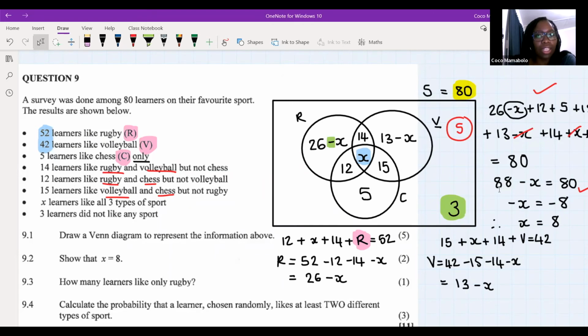They will most likely ask you something about the number of rugby only, and then you will have to solve for x anyway. Or they will ask you for the number of kids who like all 3, that will force you to solve for it anyway. So read through the questions. If they don't ask for it, they're probably going to ask you to solve it inside another question.